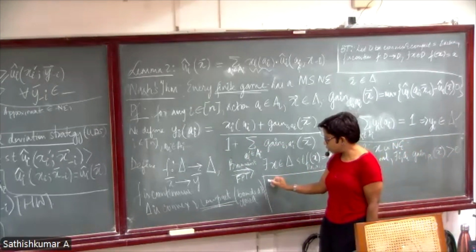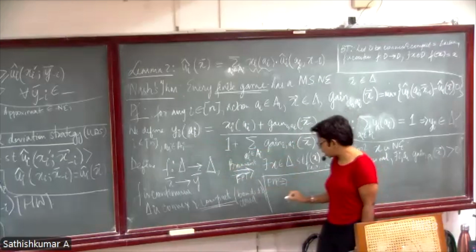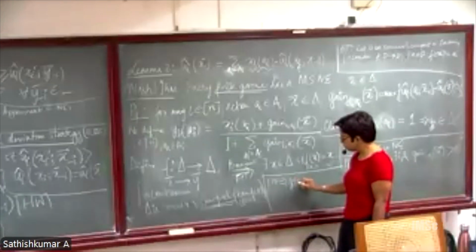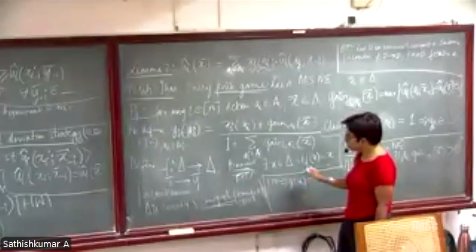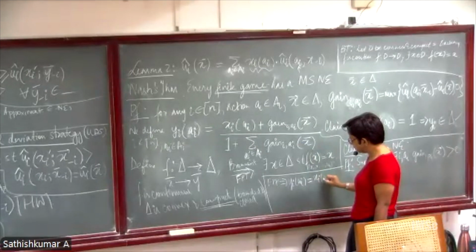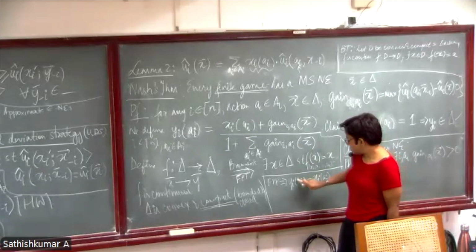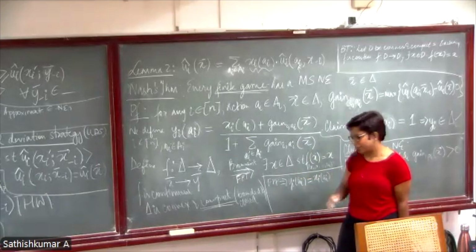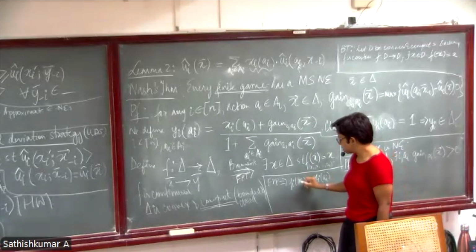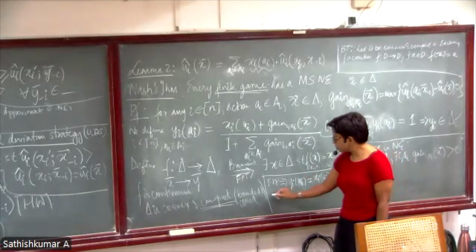So the fixed point property implies that yi ai should be xi ai, right? Correct?